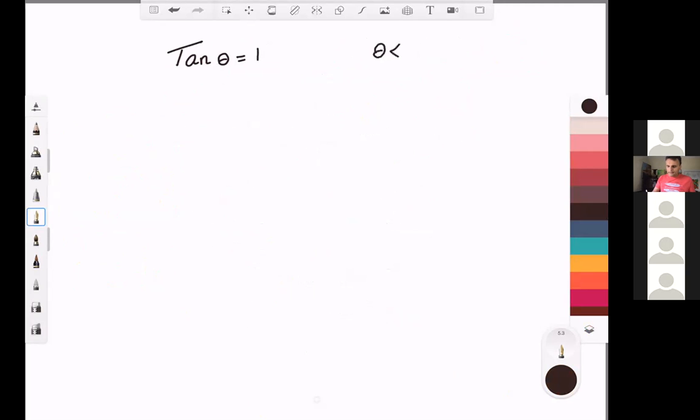Theta is between 0 and pi/2, so greater than 0 and less than pi/2. So this gives us little information.